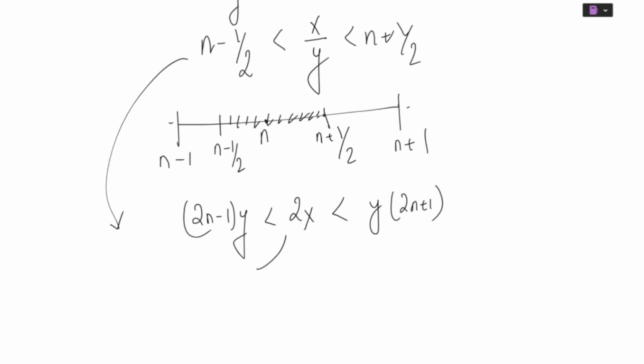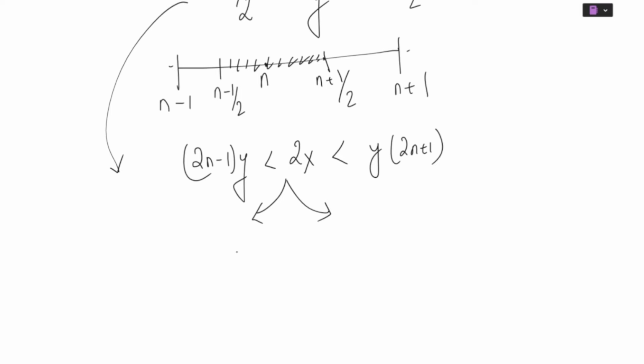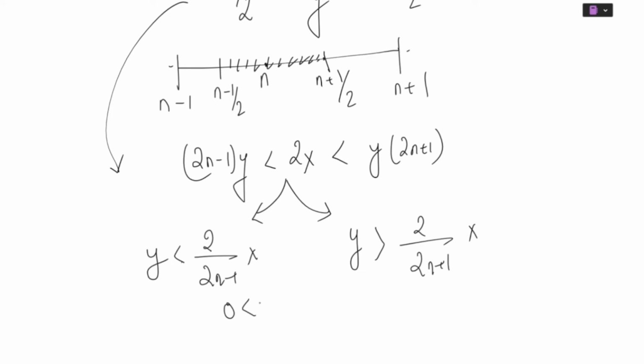Now this represents a set of two inequations. The first one should be y is less than 2 by 2n minus 1 times x, and the second one should be y is greater than 2 by 2n plus 1 times x. And you also know that 0 is less than x less than 1 and 0 is less than y less than 1.